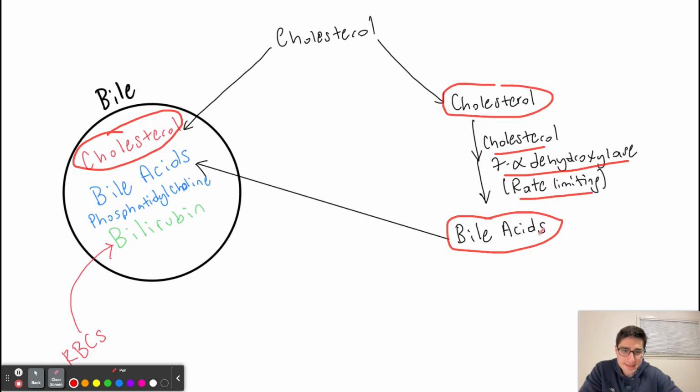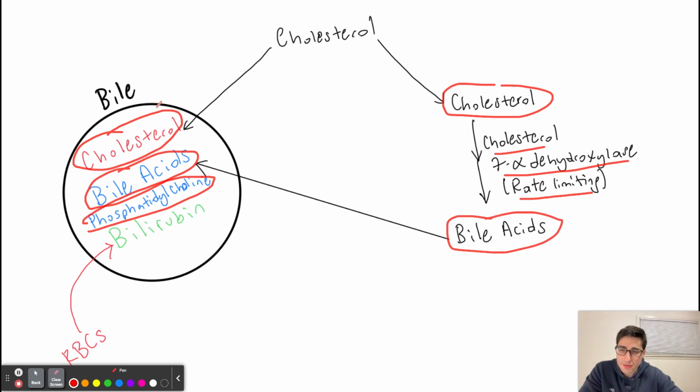Now, bile acids can then be conjugated to form bile salts, and this can be then secreted into the bile canaliculi. Now, bile acids are important because once they're put in bile, they're going to try to make cholesterol soluble along with phospholipids like phosphatidylcholine, which is also going to be found in bile.